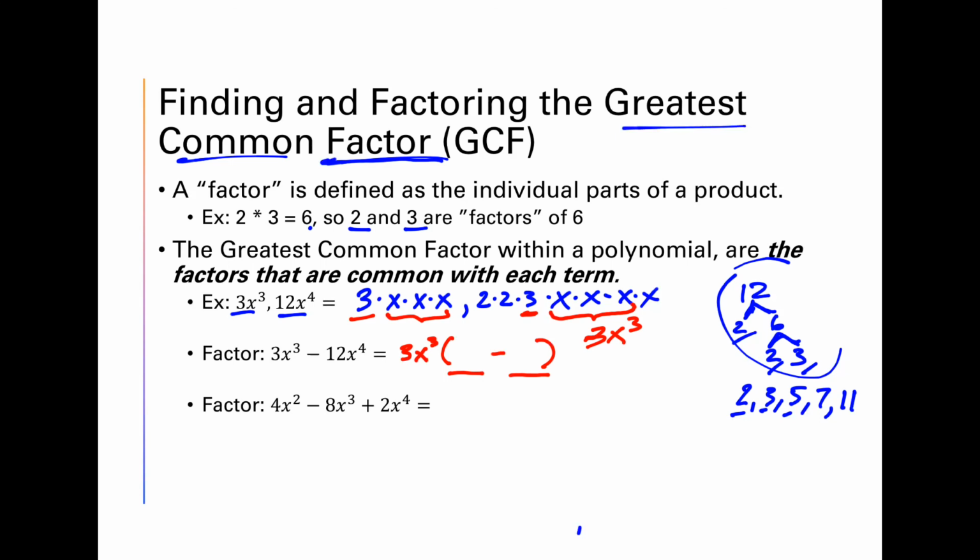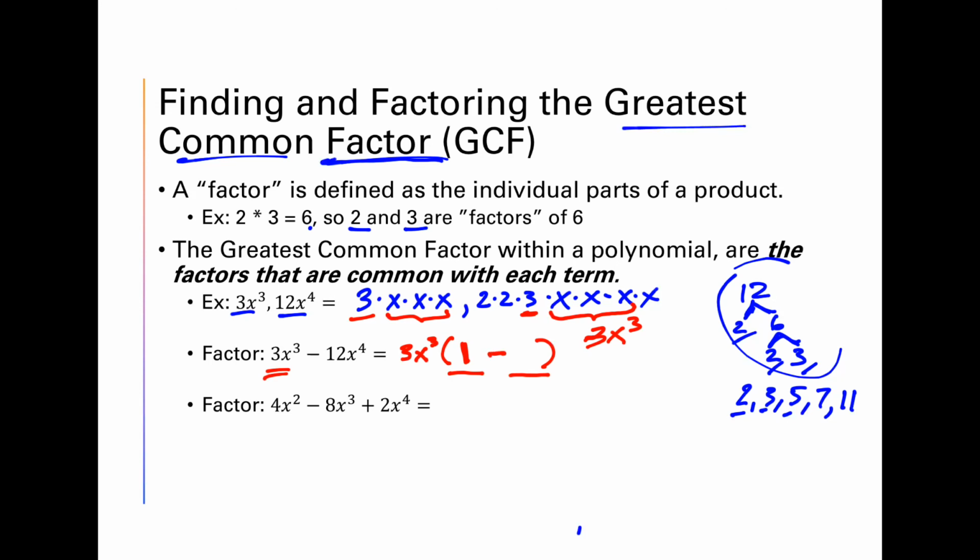And you'll notice that the greatest common factor is actually equal to, in this case, not always the case, but in this case, is equal to the first term, the first monomial in my polynomial. So 3x to the third, if I factor that out, I'm dividing out 3x to the third. That leaves me with a 1, because 3x to the third divided by itself would give me 1.